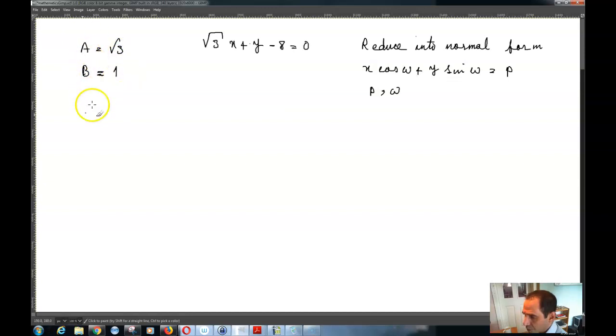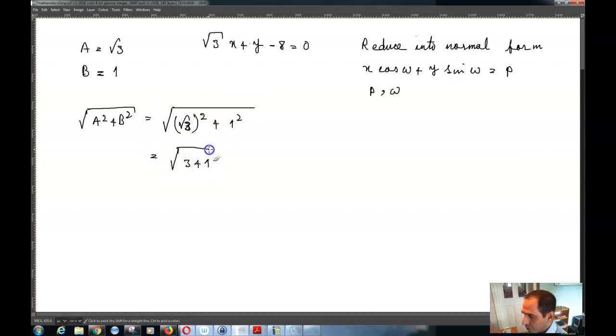So the square root of a squared plus b squared is equal to the square root of (square root of 3) squared plus 1 squared, which is equal to the square root of 3 plus 1, which is equal to the square root of 4, which is equal to 2.